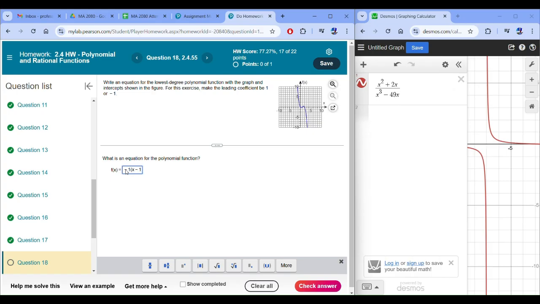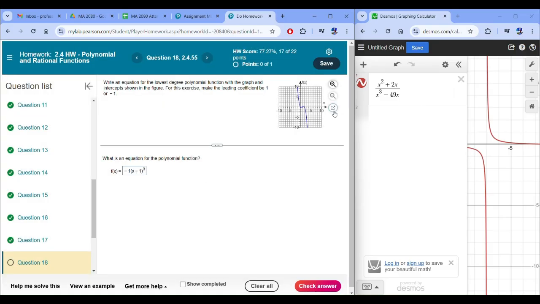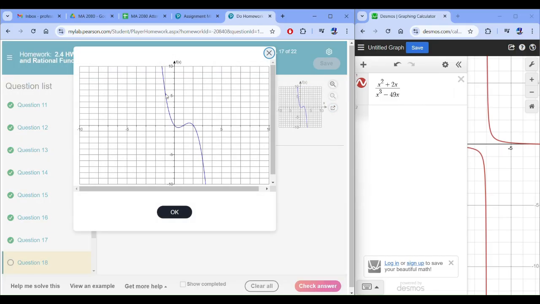X minus 1 to the third. No. What happened here? 1, 2, 3, 4, 5. X, 1.